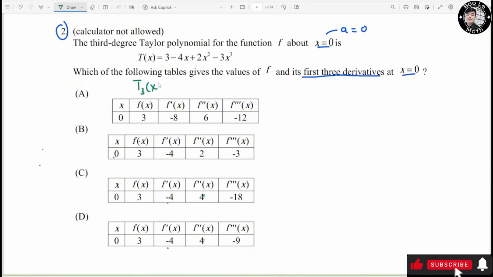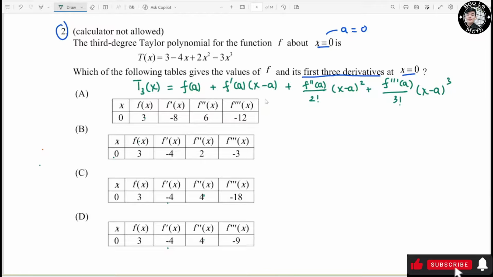T3 of x equals f of a plus f prime of a times x minus a, plus f double prime of a over 2 factorial times x minus a squared, plus f triple prime of a over 3 factorial times x minus a cubed, right? Now, the center at x equals 0 means a equals 0.